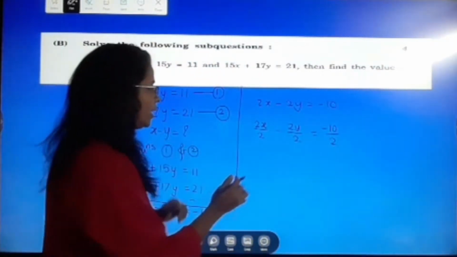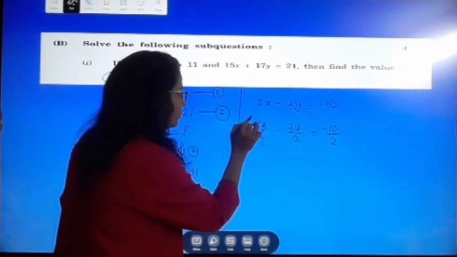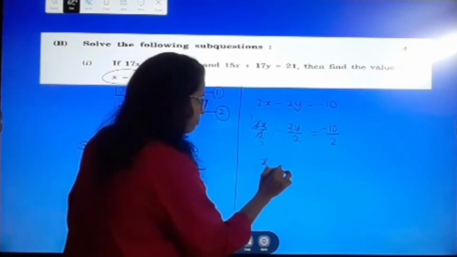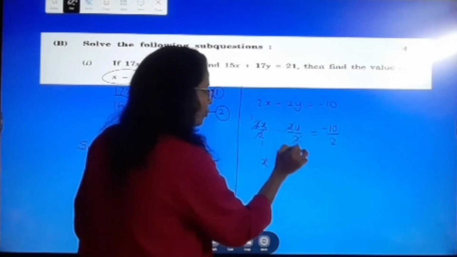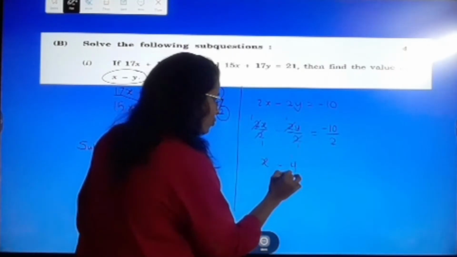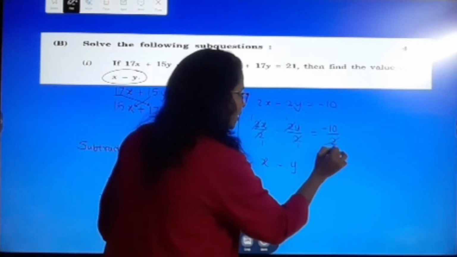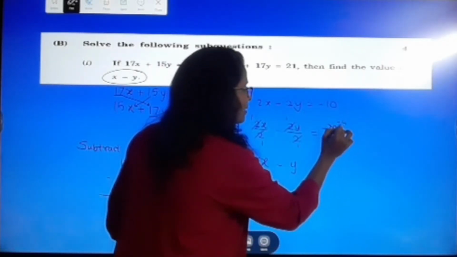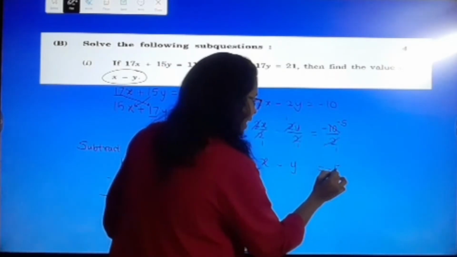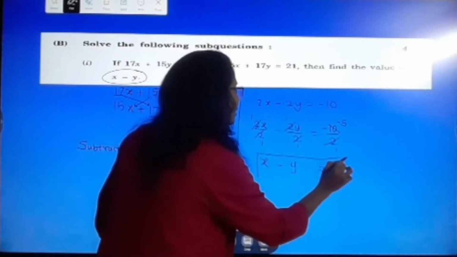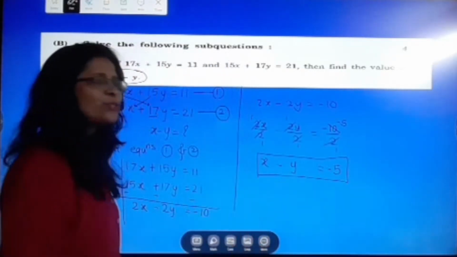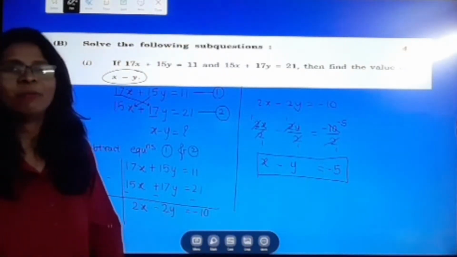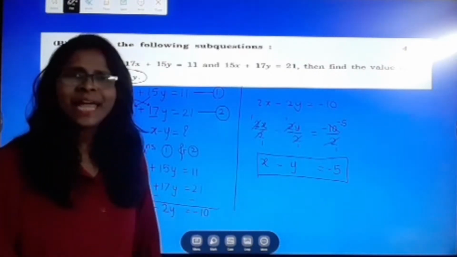Two ones are 2, so x minus y, and 2 minus ones are 5. So x minus y is equal to minus 5. This is our final answer.